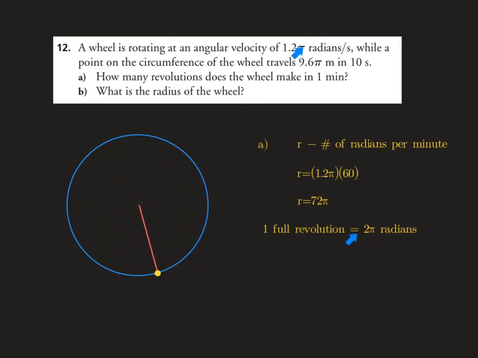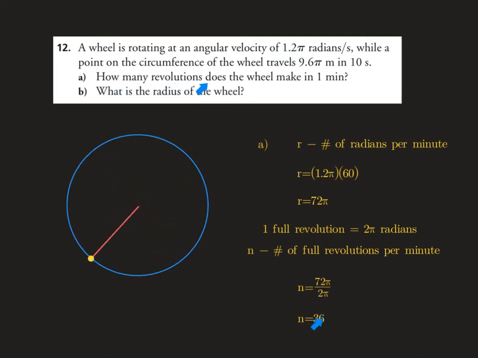So if it's traveling 72 pi, every 2 pi is one rotation, so it must be 72 pi divided by 2 pi. That's the number of rotations, right? For every 2 pi, you divide it into sections of 2 pi. How many 2 pi's are there? And so 72 pi divided by 2 pi is 36.